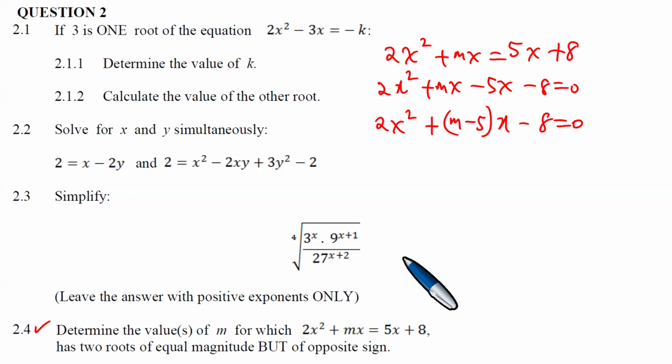Yes, we've written it in standard form because standard form means that it is of the form ax squared plus bx plus c equals 0, and it is the form that we have. Then we must factorize. What are the factors then?